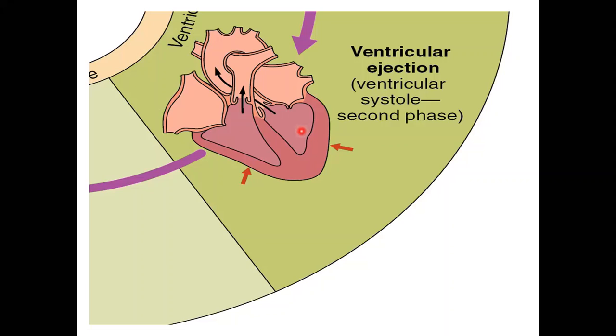The aortic pressure is greater, but blood outflow continues due to the momentum of the flowing blood. Thereafter repolarization of the myocardium occurs during this phase also. Then this is the end of systole.